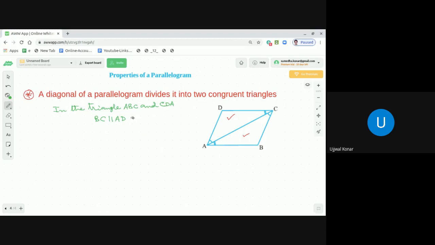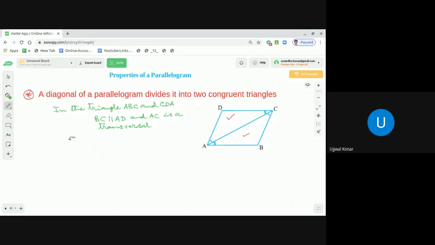And AC is a transversal. So BC is parallel to AD and AC is a transversal. So then we can say that angle BCA is equal to angle DAC. Why? Because they are a pair of alternate angles.